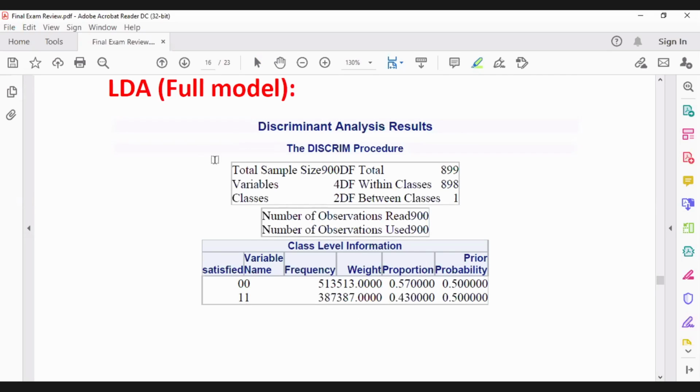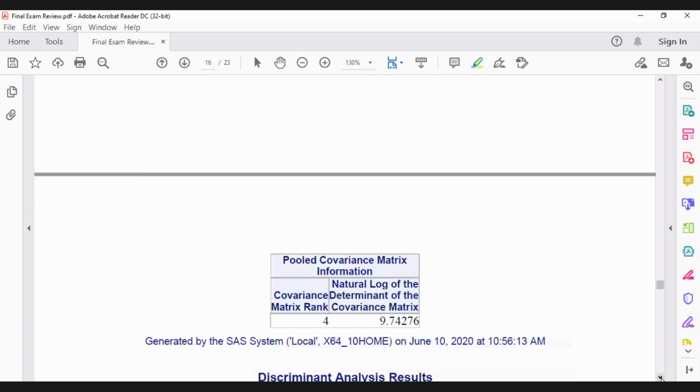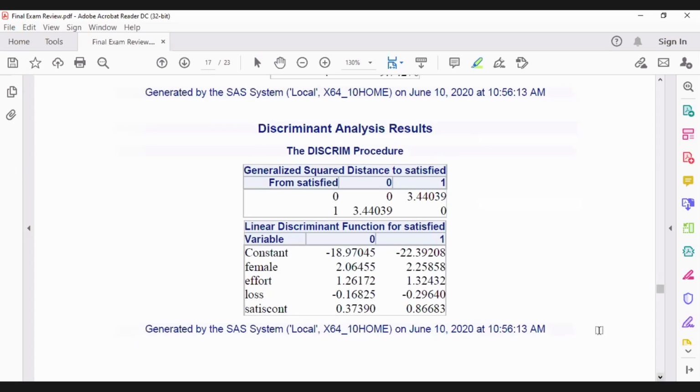This is the example from linear discriminant analysis. For the full model, in the exam, you need to write down an equation for when y is equal to 0, and an equation for y equal to 1.